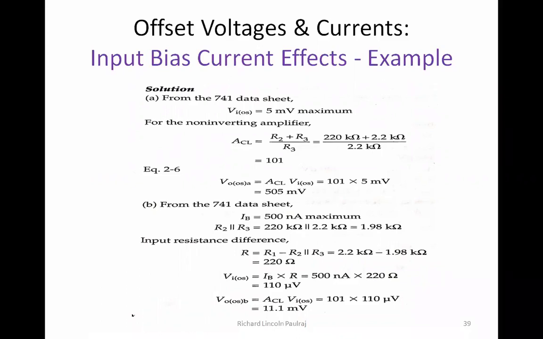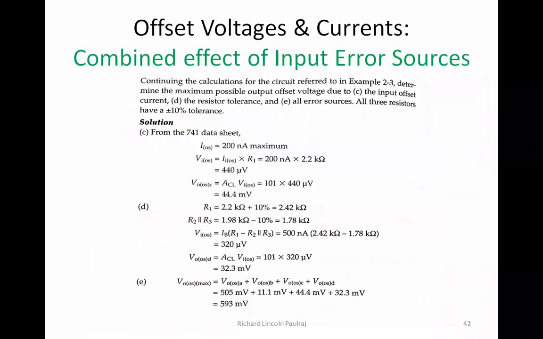Now continuing the same problem, having the same circuit, the same resistance values, and knowing the values of V naught OS for A and B, we will continue with problem C: the input offset current. They want us to calculate the input offset current and the resistance tolerance.